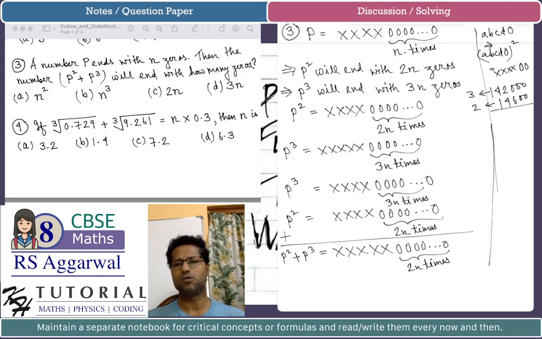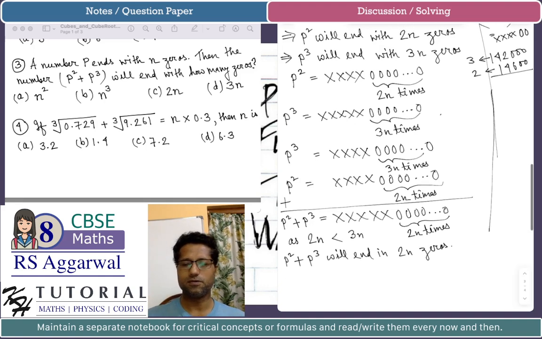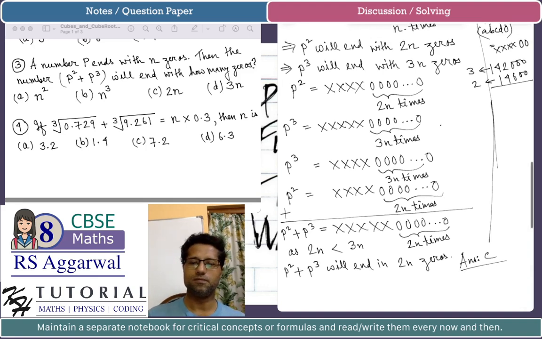So obviously p square plus p cube will end with 2n zeros, as 2n is less than 3n. So the answer is choice C.